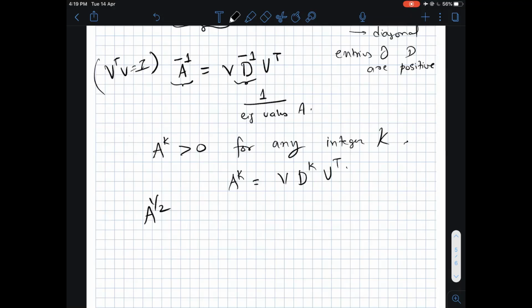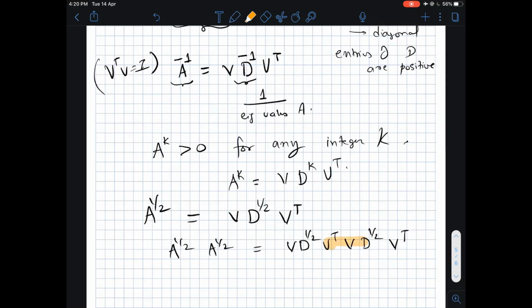Okay, you can also take a square root of a positive definite matrix. So A to the half is well defined. You can write A to the half as V times D to the half V transpose. Because what happens when you multiply A to the half with itself is, for the same reason, you'll get V D to the half V transpose times V D to the half V transpose.